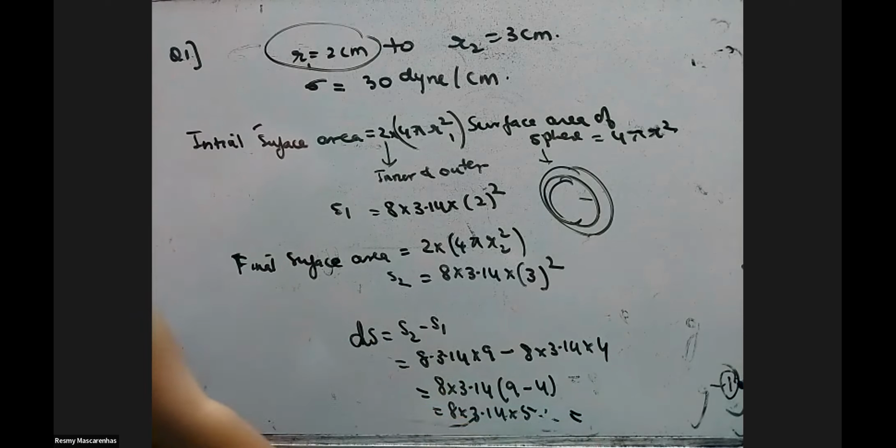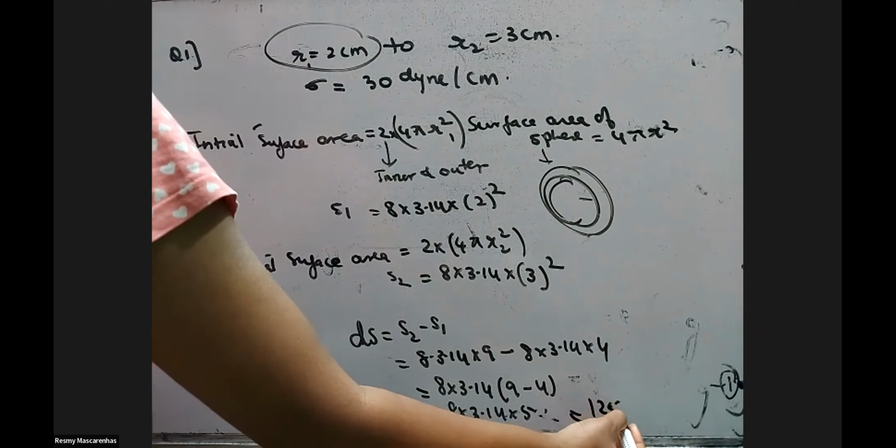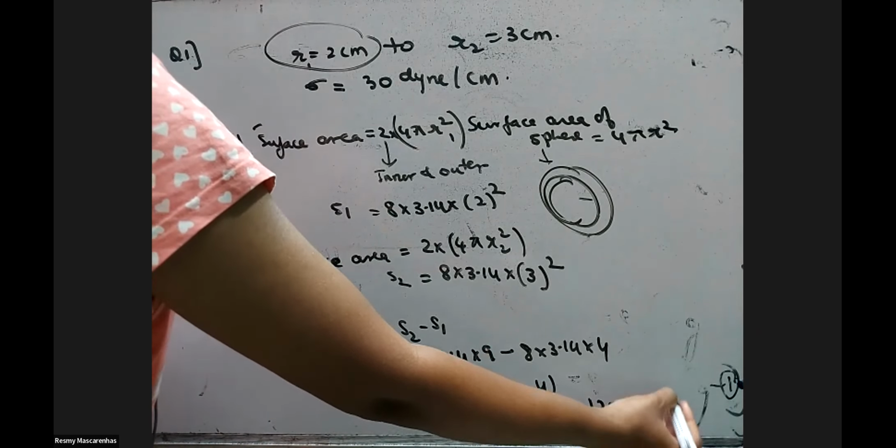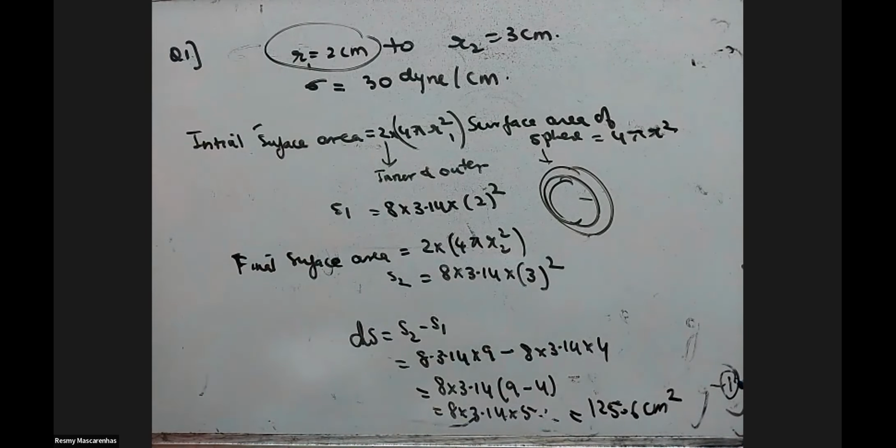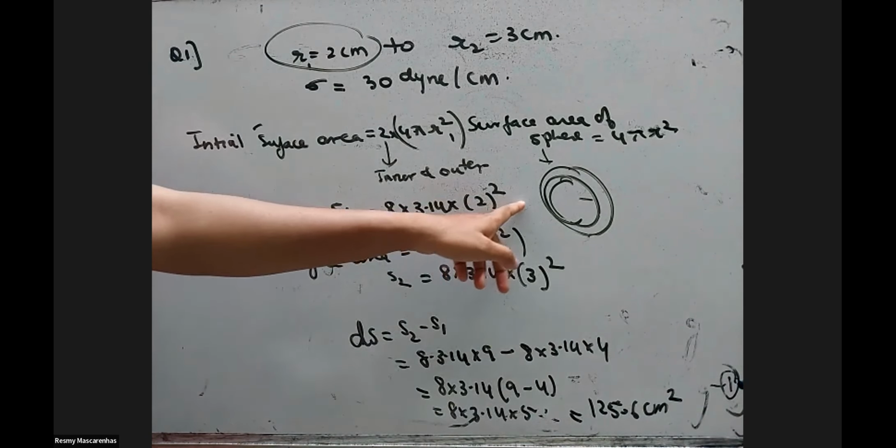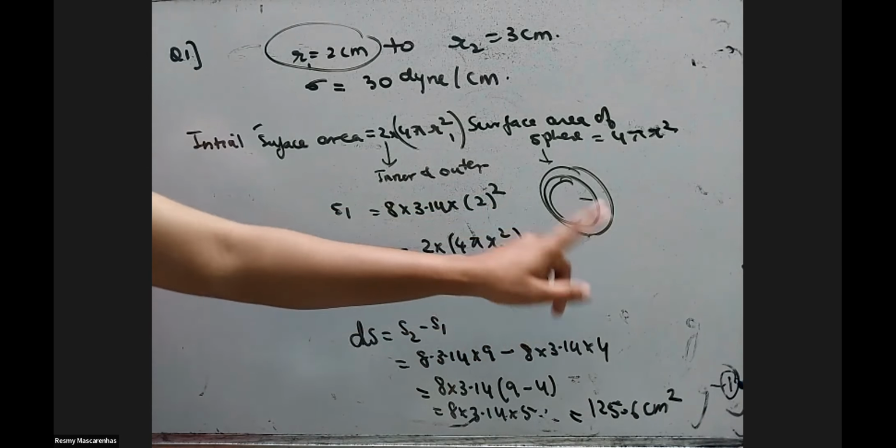We will get around 125.6 centimeter square. You can calculate this first also, no problem. Calculate this value, and this minus this.